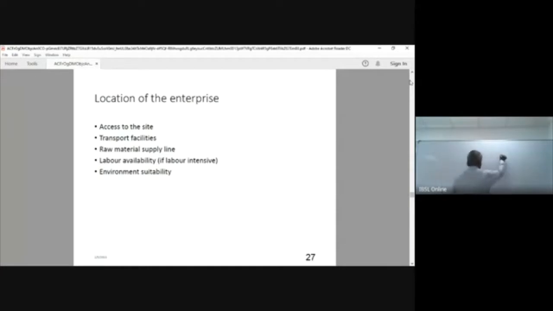There may be a public road, and a lane coming to this site. So access to the site you have to see, and get the details of the access to the site.